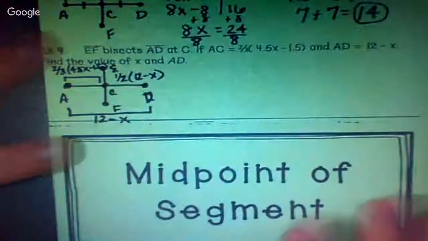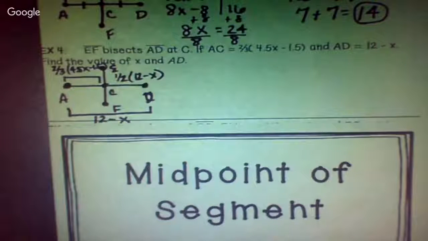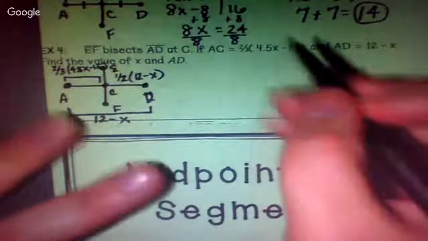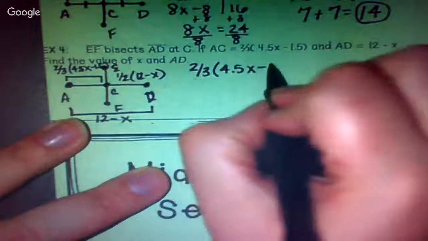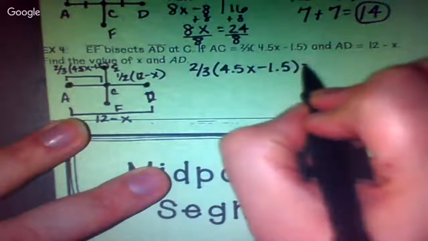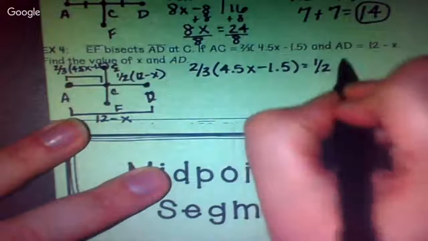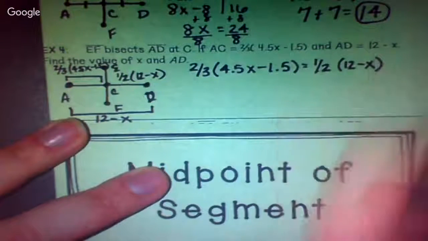So I can simply say that CD is 1/2 of 12 minus x. Even though they didn't tell you what CD is, it's half of the entire thing. So now I can set them equal to each other and solve. So we've got 2/3 times 4.5x minus 1.5, and that equals 1/2 of 12 minus x.